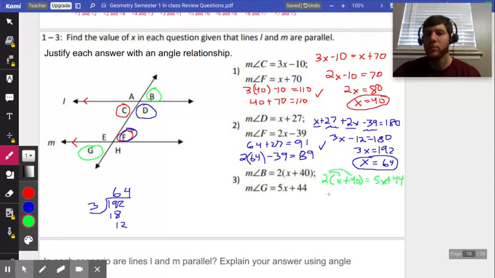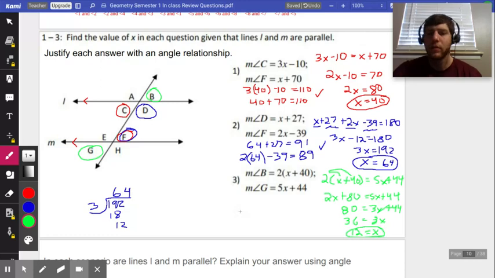So 2x plus 80 equals 5x plus 44. Subtract 2x from both sides. We're going to get 80 equals 3x plus 44. Subtract 44 from both sides. You're going to get 36 equals 3x. Divide by 3, and you get 12 equals x.